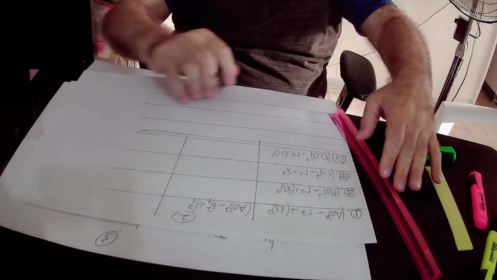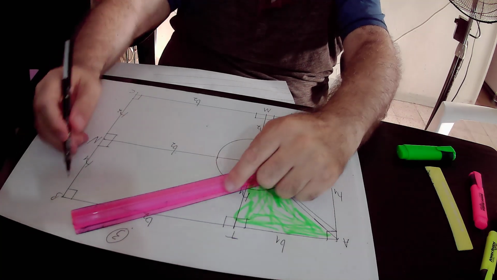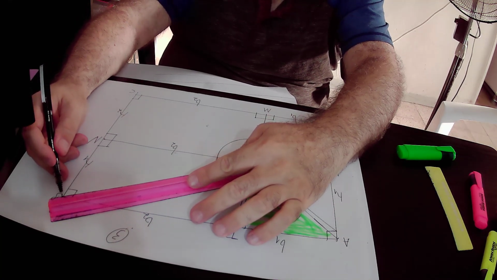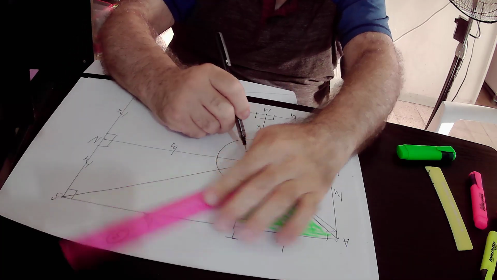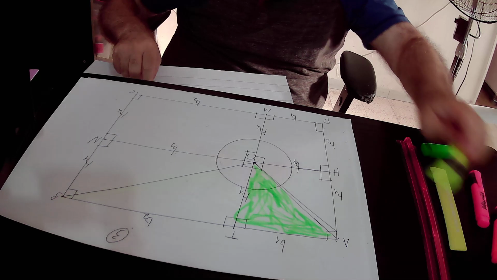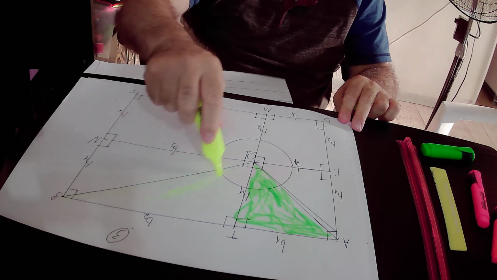We will join points B and O together by a straight line. And we will apply the Pythagoras theorem in the right yellow triangle TOB.